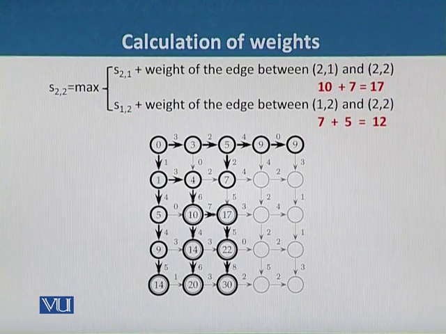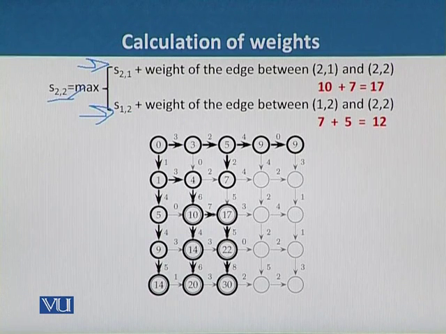So if we want to calculate the value of S22, again we have to consider two possibilities. In the first, we consider J minus 1, and the value will become 2 and 1. In the second case, if we consider I minus 1, the value of I is 2, and that will become 1 and 2.